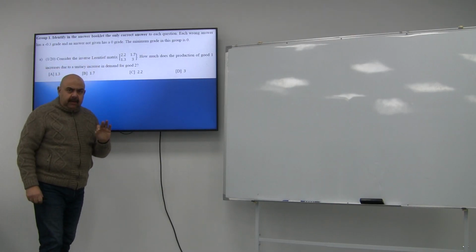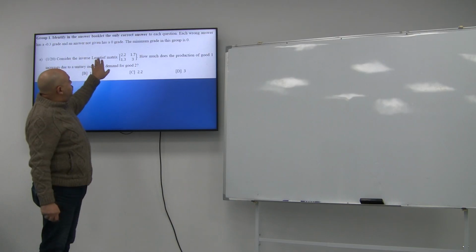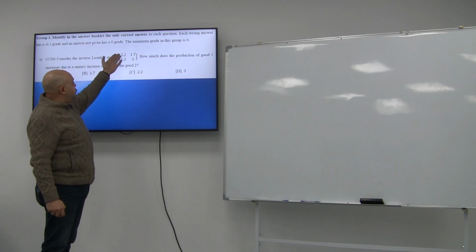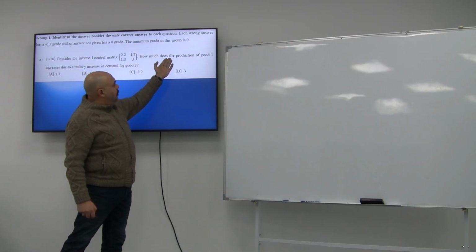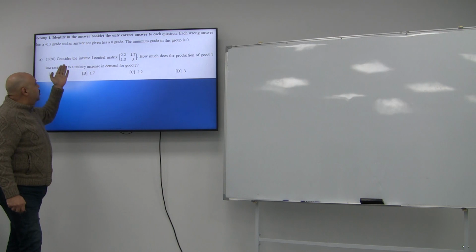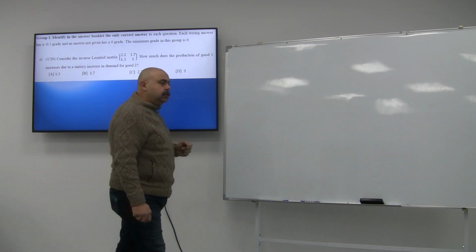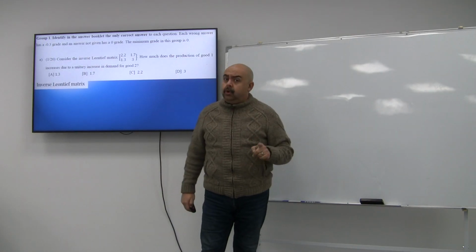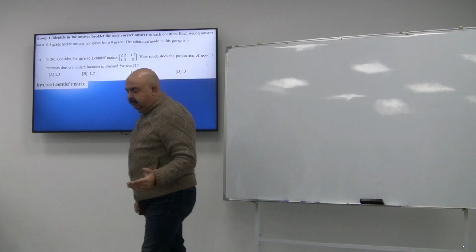In specific, he's talking about the inverse Leontief matrix, which is given to you as 2.2, 1.7, 1.3, and 3. How much does the production of good 1 increase due to a unitary increase in demand for good 2? So if good 2 increases by just one unit, what's going to be the effect on the production of good 1?